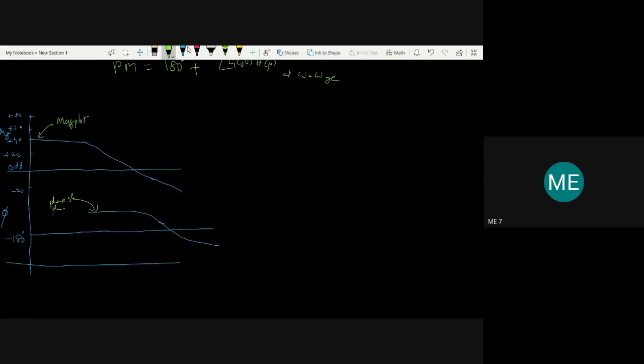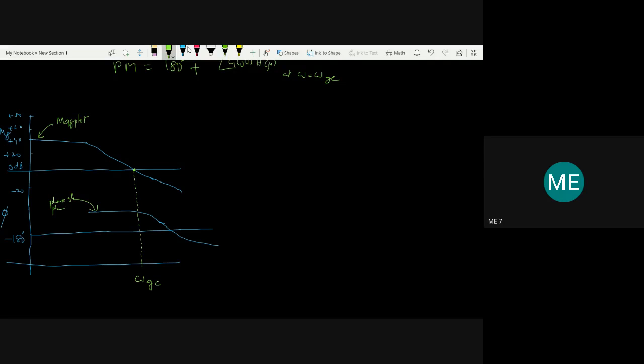We have said that the gain crossover frequency is defined as where the magnitude plot crosses the 0 dB line. That point is called ω_GC, that is gain crossover frequency.